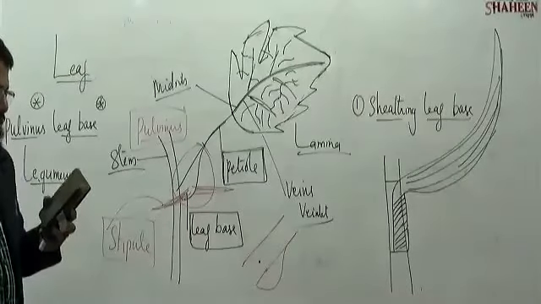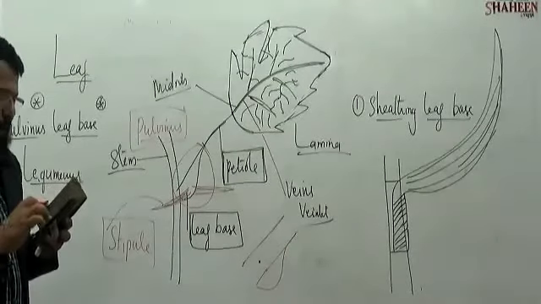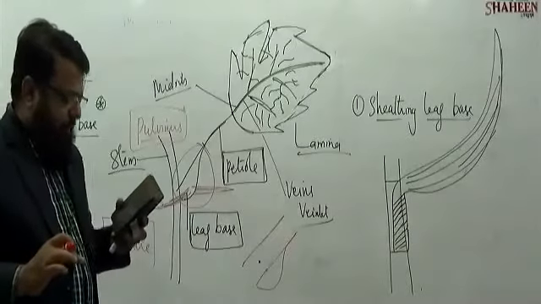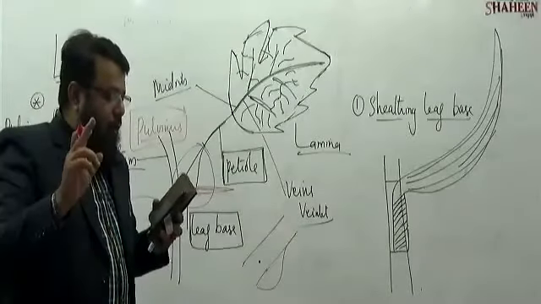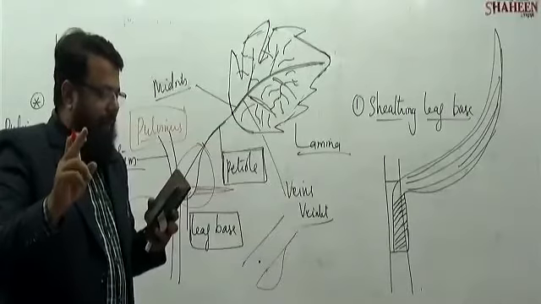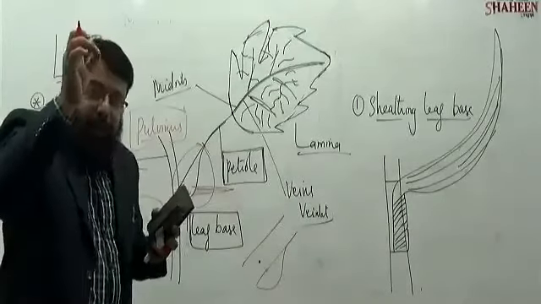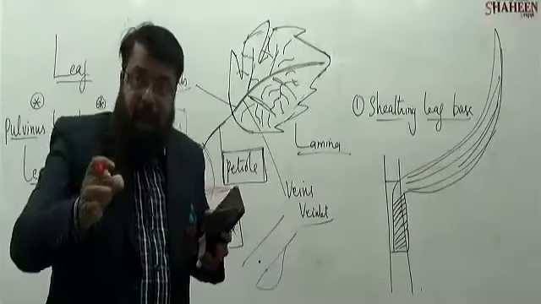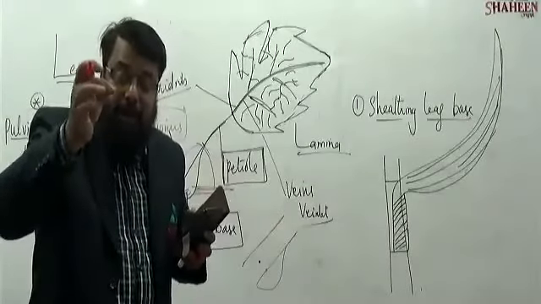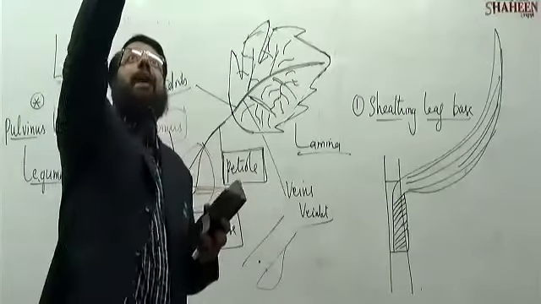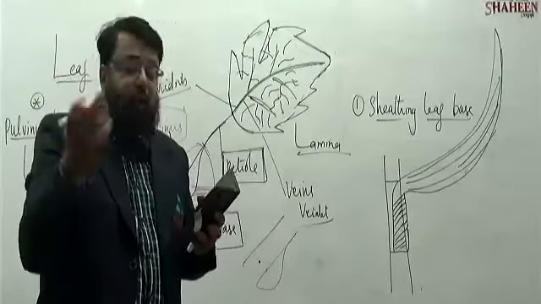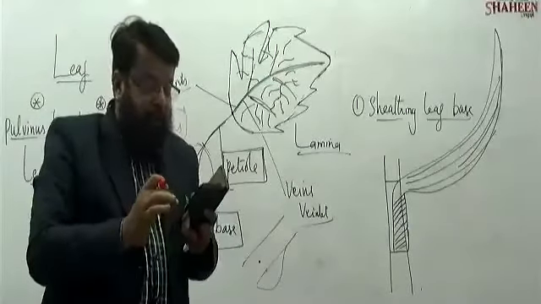Acropetal. Arrangement of parts of a plant where the older part is at the base and the younger part is at the top is called acropetal arrangement.